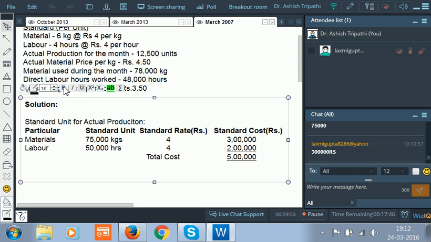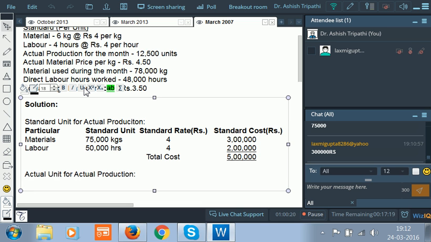Now we'll go for actual unit for actual production.